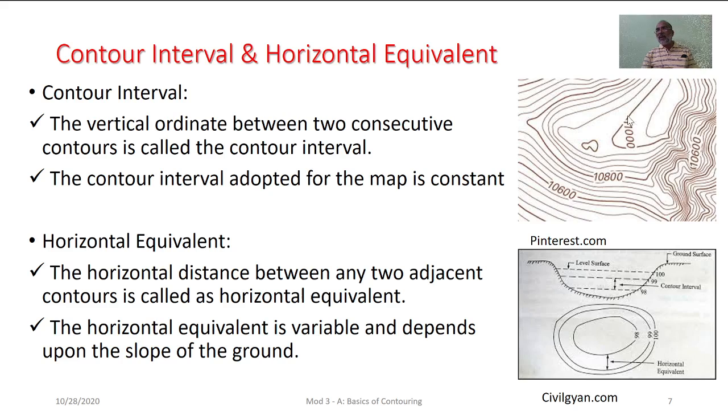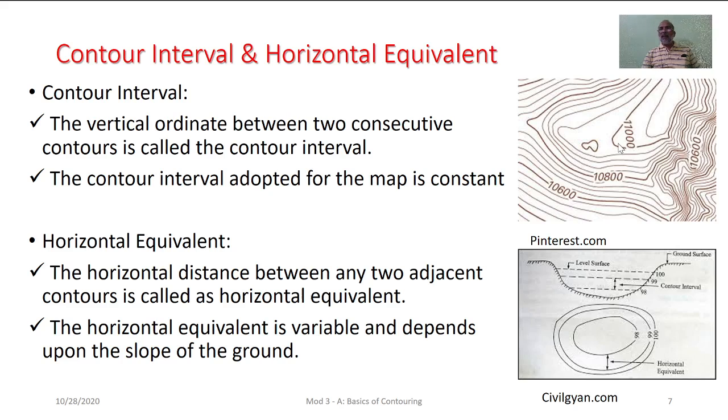Here, this value is 11,000, this value is 10,800. Subsequently, again this particular contour is having a value of 10,600. So these index contours are having a contour interval of 200 meters.